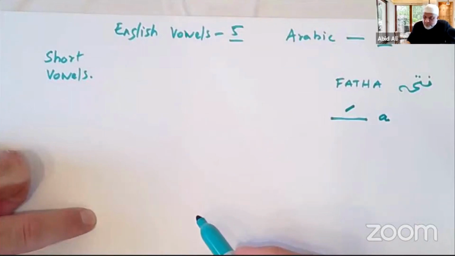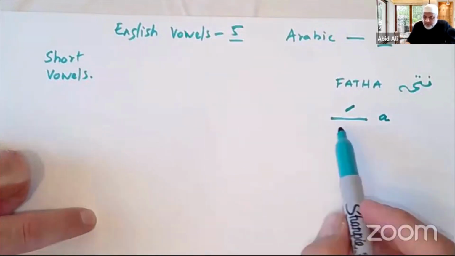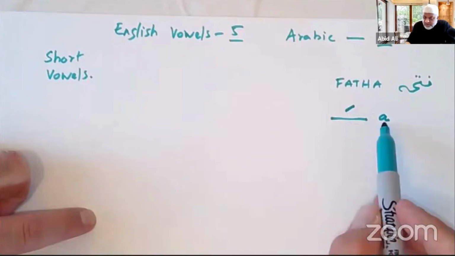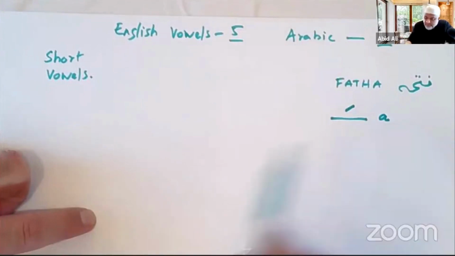If you're trying to understand a reference point for the English language, the reference point is letter A. And I'll give you an example also.